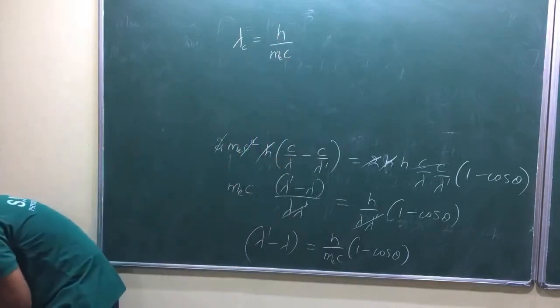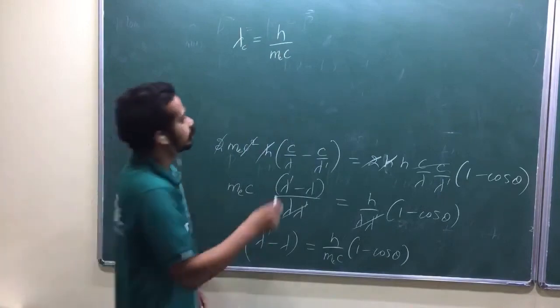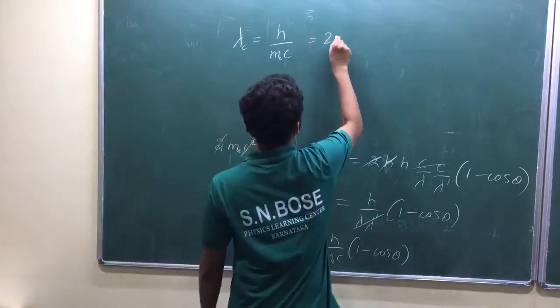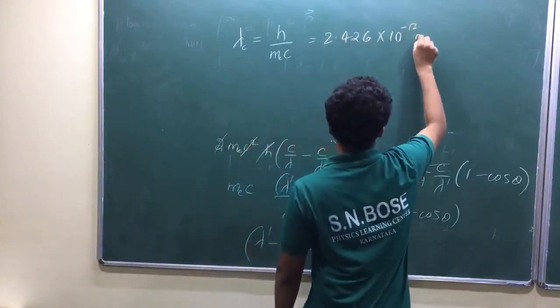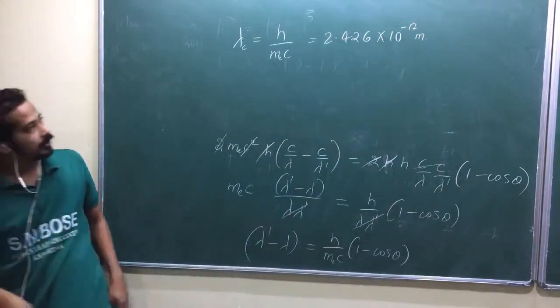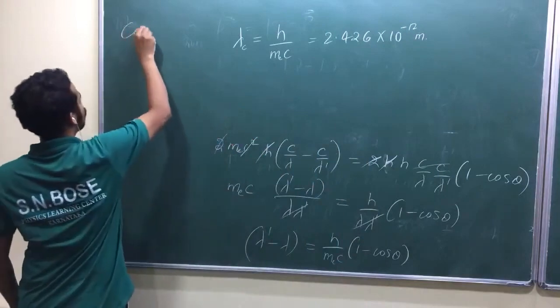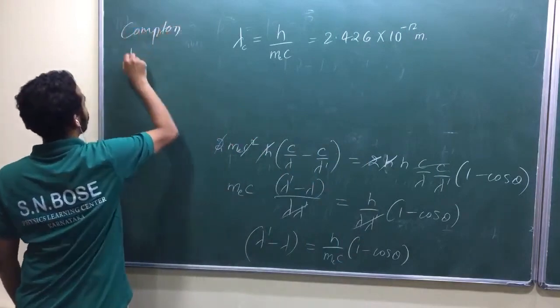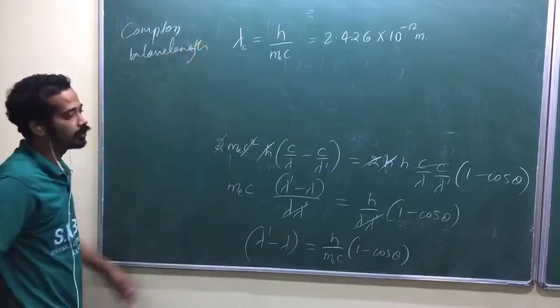I think its value is 2.426 into 10 raised to minus 12 meter. This is called the Compton wavelength. You should remember this one, okay?